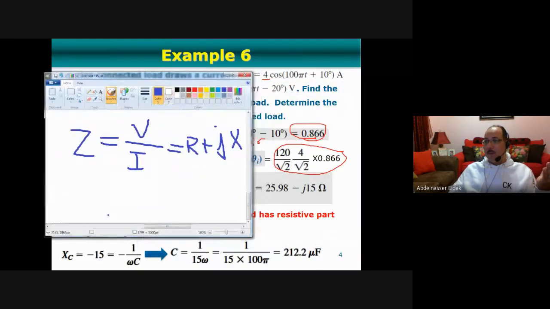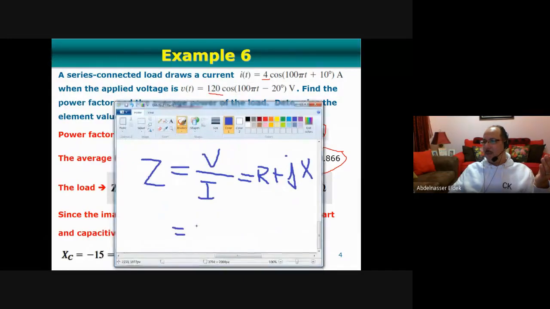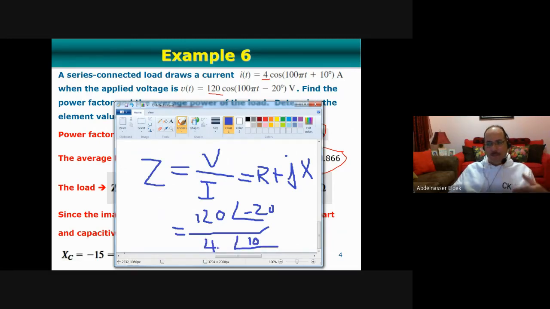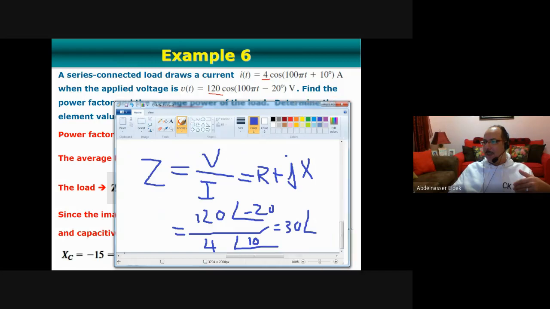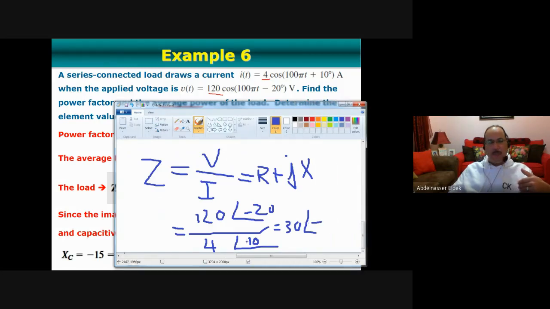V is 120 with angle negative 20, and I is 4 with angle 10. So it will be 120 divided by 4, that's 30, and the angle is negative 20 minus 10, which is negative 30.